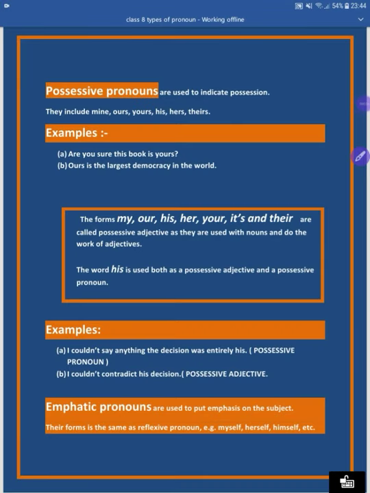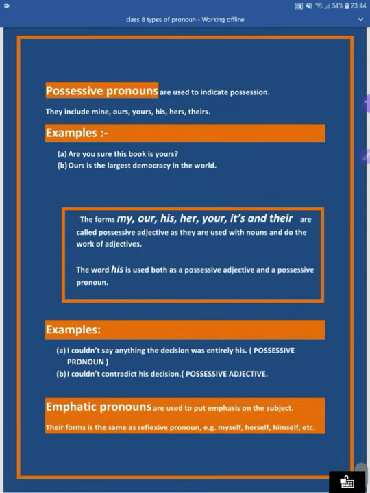Dear students, I show my regret to all of you because I have left out three types of pronoun in this chapter. It was just a human mistake, while preparing the PPT or the materials to teach you.